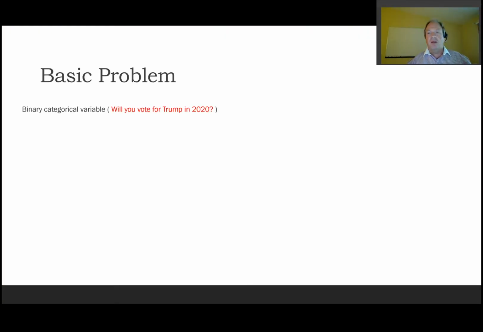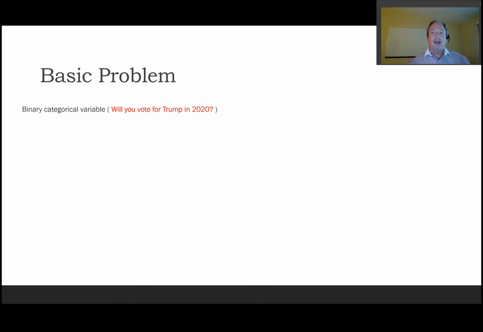So here's our fundamental problem. We have some categorical variable that has two classes. A lot of times categorical variables do not have two classes, but you're generally interested in just one. So for example, if I'm looking at religion, I can have Catholic, Hindu, Lutheran, Jewish, Muslim, and so on, and the whole point is that I'm going to just look at one.